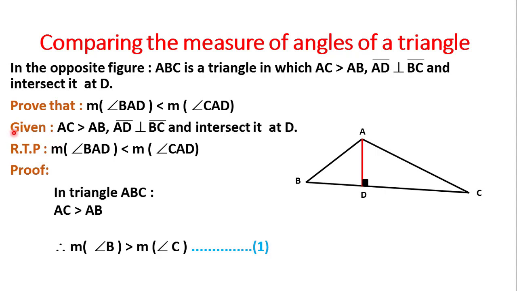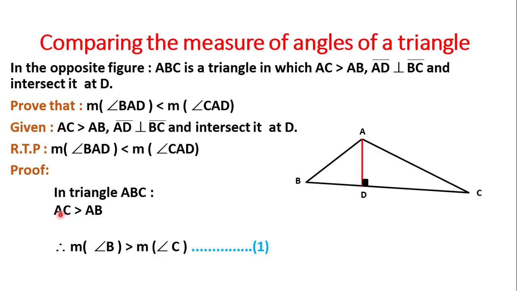At first, you will write the given: AC is greater than AB and AD perpendicular to BC and intersects at D. It's required to prove that measure of angle BAD is less than measure of angle CAD. When you look at this triangle, AC is greater than AB. It means that the opposite angle is greater than the opposite angle.